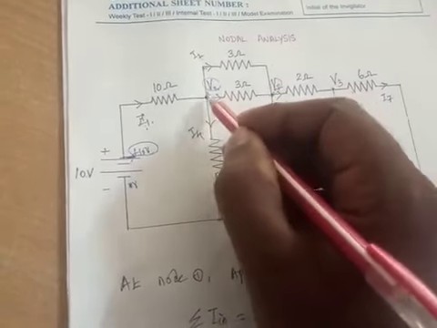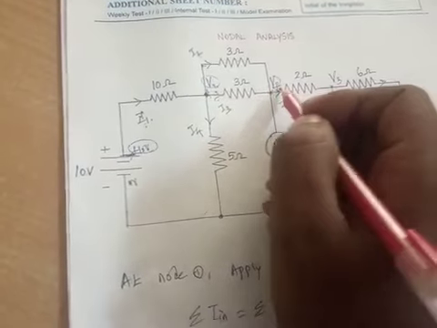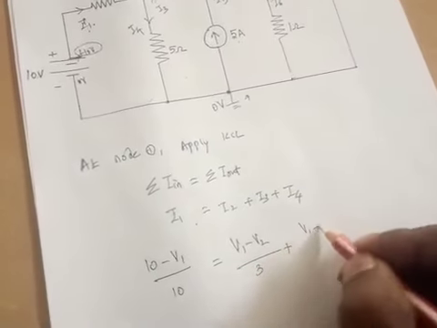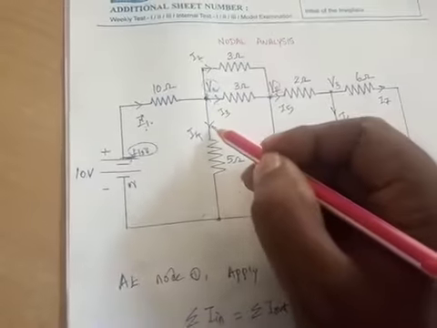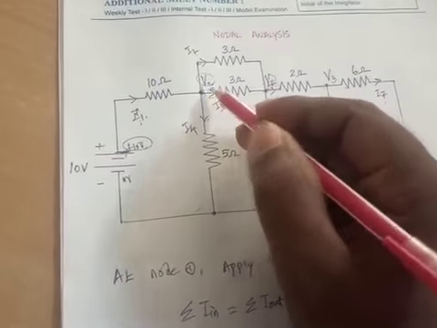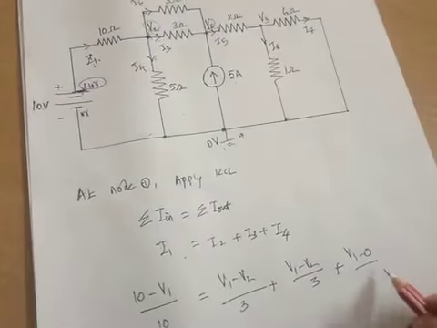So V1 minus V2 divided by 3, resistance is 3. And what about your I4? Your I4 current is flowing from V1 potential to 0 potential. So V1 minus 0 divided by the resistance 5 ohm.